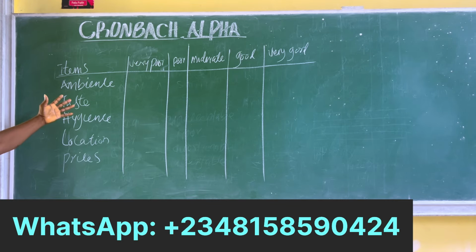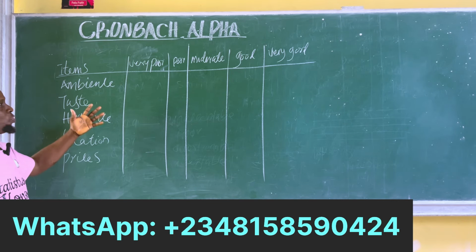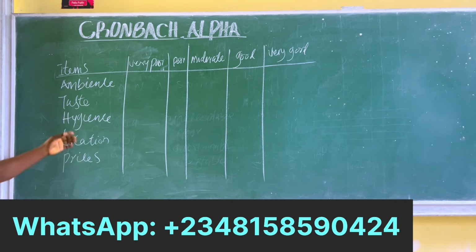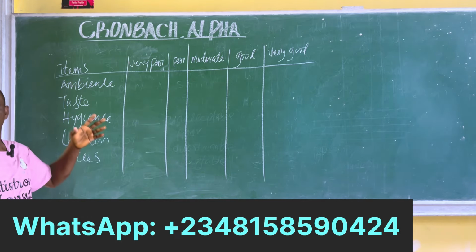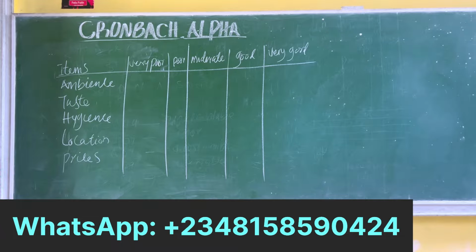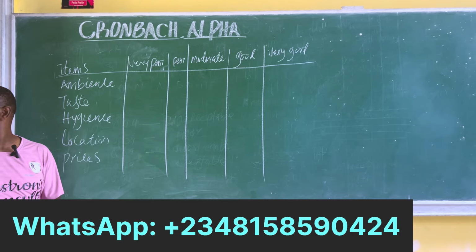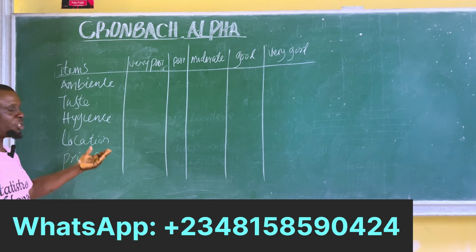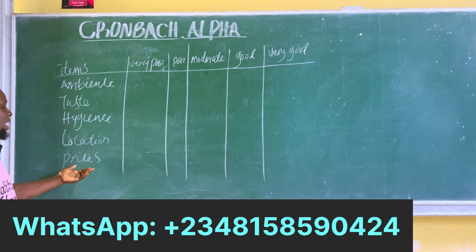This measurement scale is used to measure preference. Preference is considered in terms of the ambience of the fast food outlets, the taste of the food prepared, the hygiene of the environment, the location of the fast food outlet, and also the price regime.